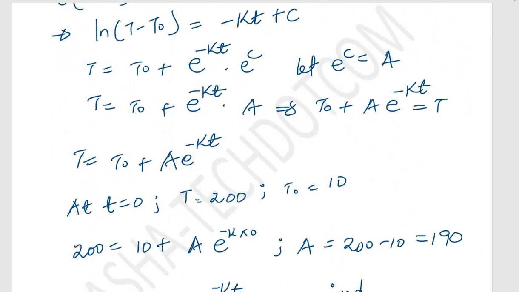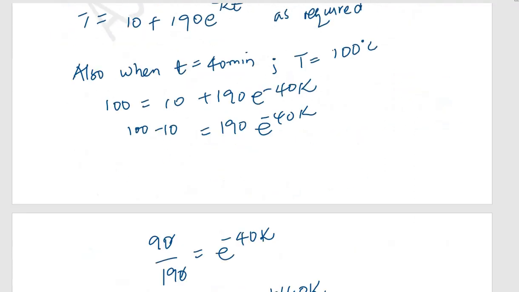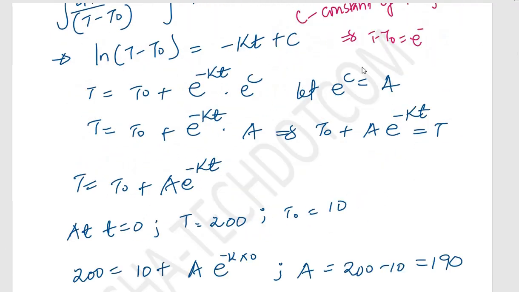You can see that T minus T naught is equal to the exponential of negative kt plus c. So this would be T equal to T naught plus exponential of negative kt times e to the c, which is going to be called A.